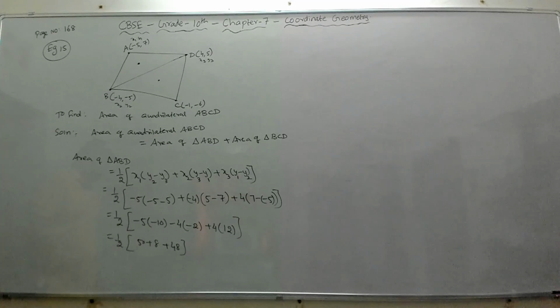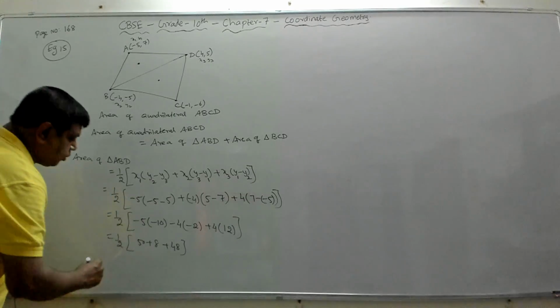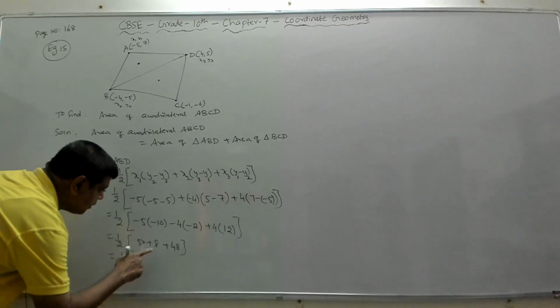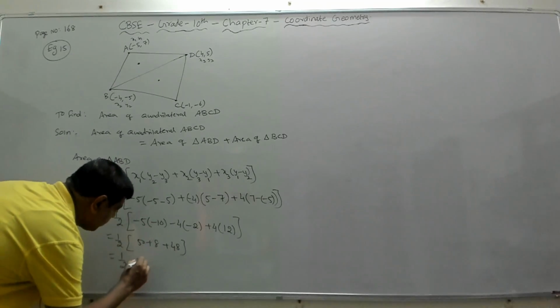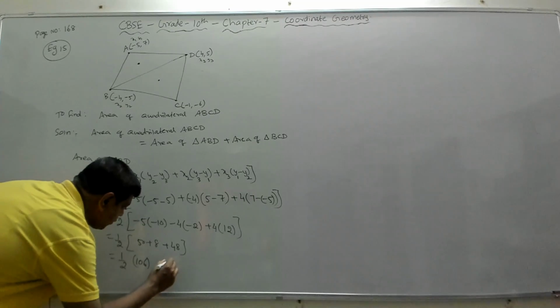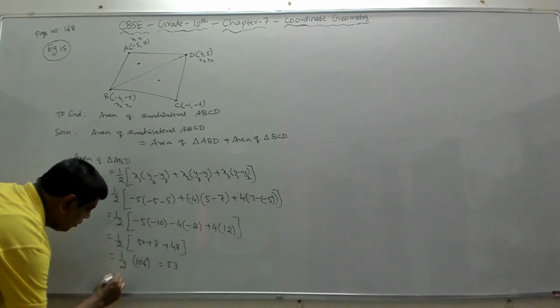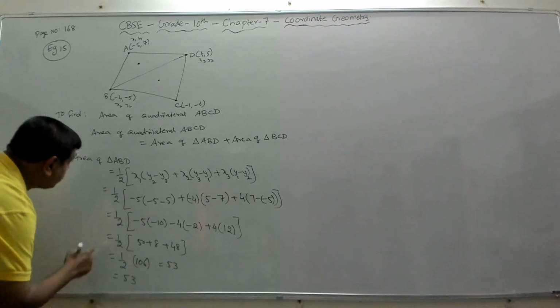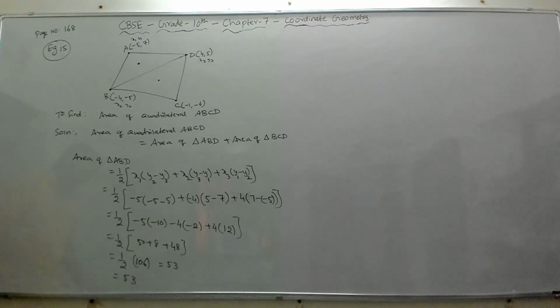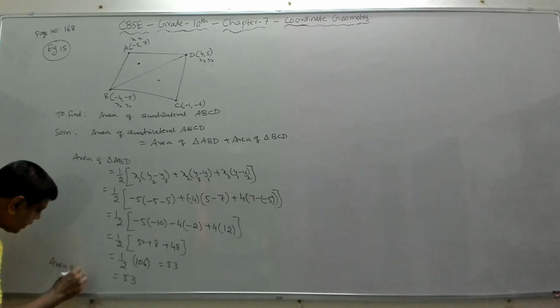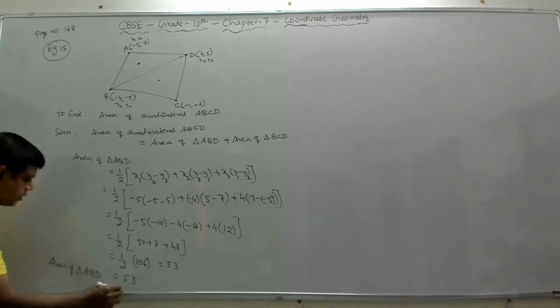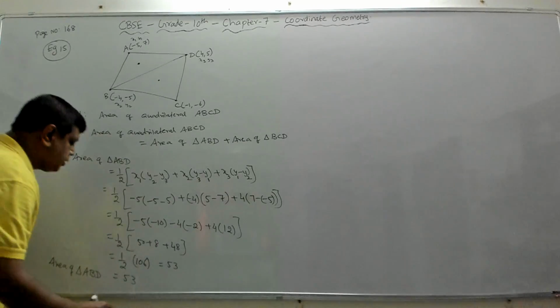If you add them, 48 plus 8 is 56, plus 50 is 106. So if you cancel, you get 53. The area of triangle ABD is equal to 53 square units.